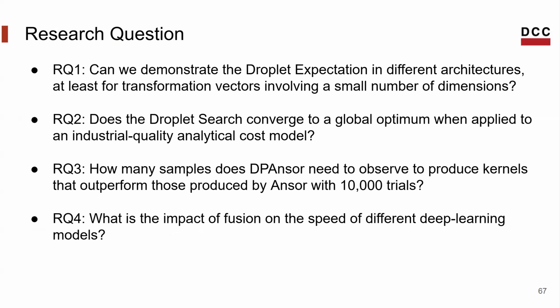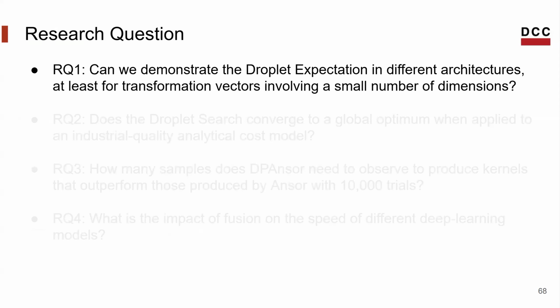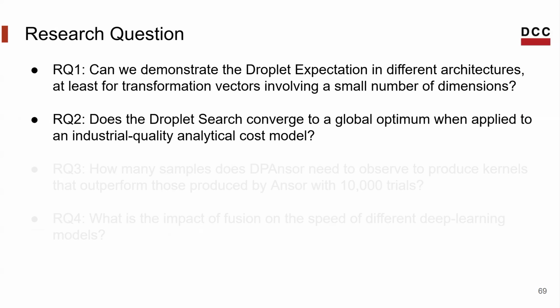My work has 90 research questions, but in this video, I will focus on only 4 of them. The first one is responsible for evaluating how the Droplet expectation holds in different architectures. The second one, we will discuss the analytical cost model.